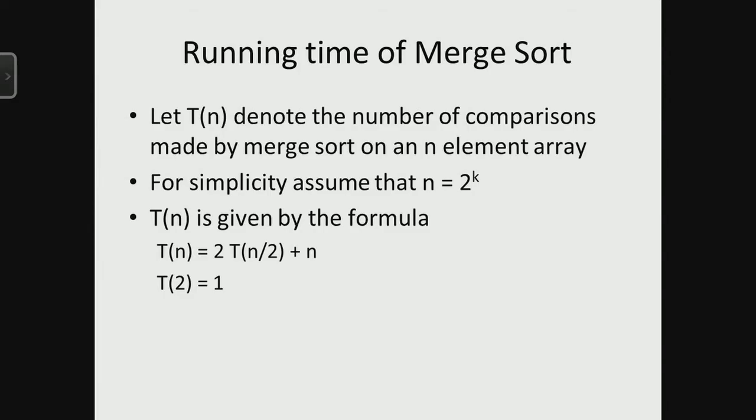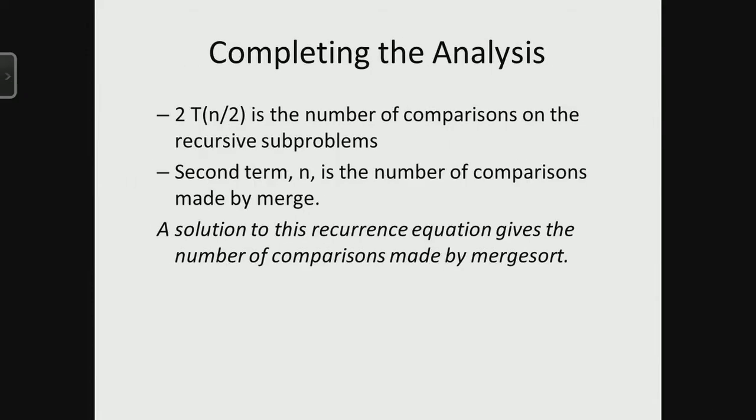Let us just understand this formula. This is called a recurrence equation, and 2 times T of n by 2 is the number of comparisons on the recursive subproblems, that is, the subproblem consisting of one half of the array and the second subproblem consisting of the second half of the array.